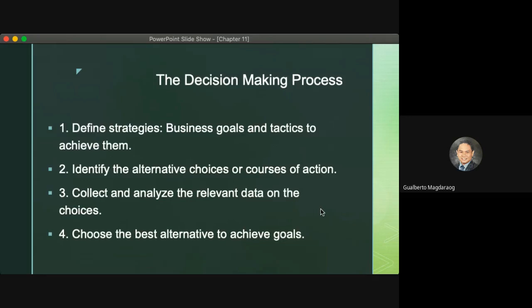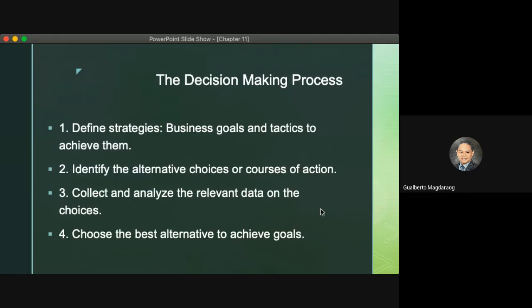Yun namang product differentiation, you're offering your goods or services at a little bit higher price simply because you have other functions on your goods that are different from other alternatives. So doon ka nagpo-focus. So it should be clear sa'yo kung ano ba kasi yung strategy mo para madali kang mag-decide o makatulong sa'yo sa decision mo.